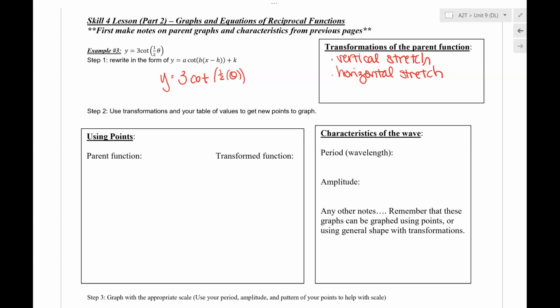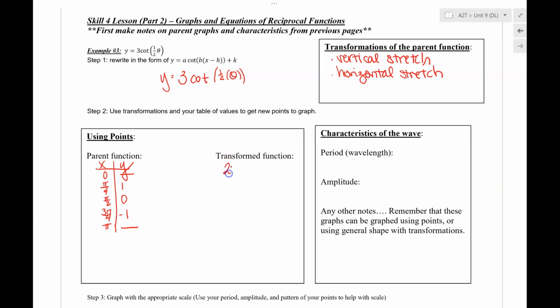For our parent function for cotangent, again, we're approaching this a little bit differently. We're not going to sketch tangent. I go 0, pi over 4, pi over 2, 3 pi over 4, and then pi. At 0, we have an asymptote, 1, 0, negative 1, another asymptote. These are the points for cotangent.